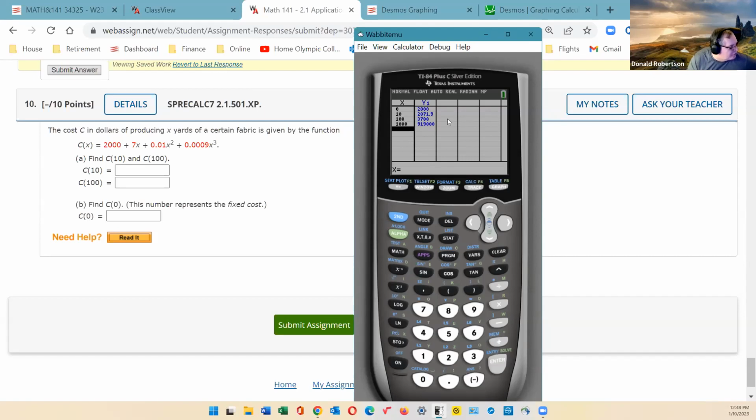So that last number is telling me that this factory should probably not try and produce 1,000 yards of the stuff, because it would cost them so much money they'd go bankrupt. I wonder if they could do 200. Yeah, 200's expensive, but they could probably handle 200, right? But they definitely couldn't handle 1,000.